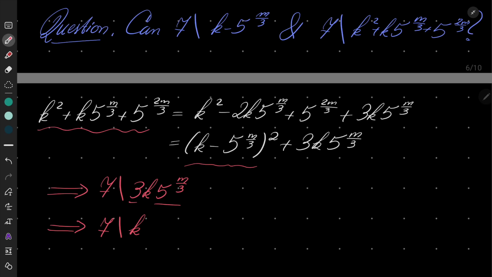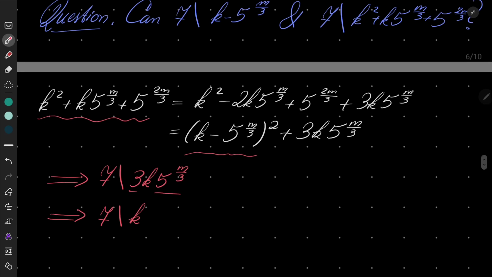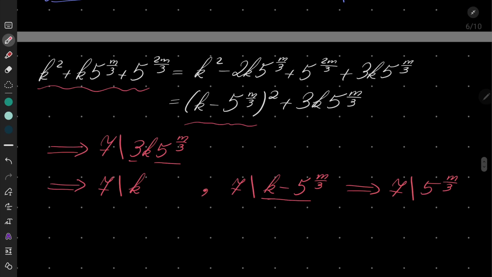But remember that 7 divides k minus 5 to the power m over 3. So 7 divides this number, 7 divides this difference. That would imply that 7 divides 5 to the power m over 3, which is impossible. Contradiction. It's a contradiction.